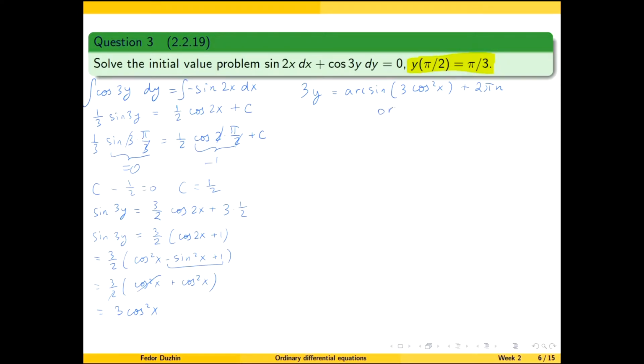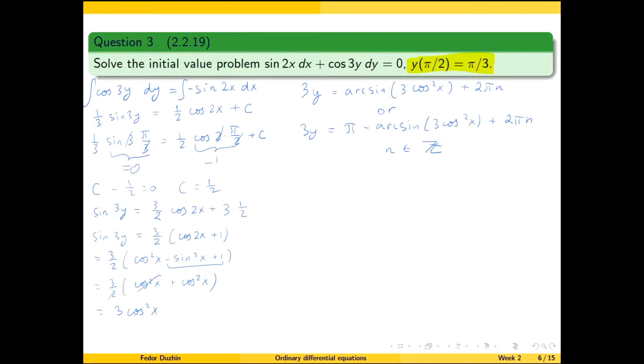Or 3y equals pi minus inverse sine of 3 cosine square x plus 2 pi n. That's another series of solutions, and in both cases n is an arbitrary integer. So it has to be a whole number, could be positive or negative. Now which of the two is it, and what is n?